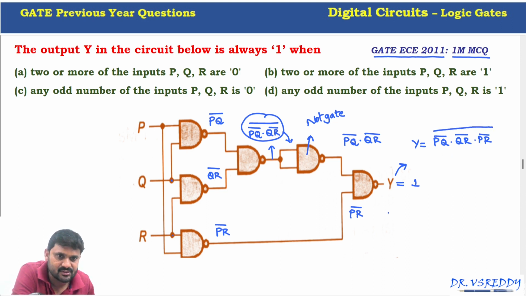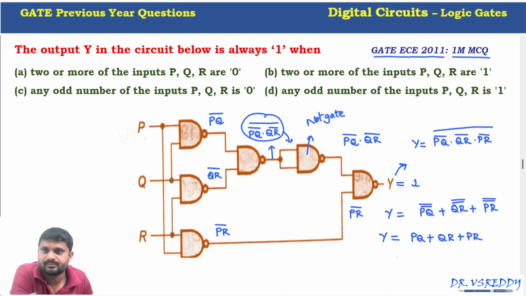So if you use De Morgan's law, we can write PQ whole bar plus QR bar and another complement, and PR complement and complement. So we can write Y is equal to PQ plus QR plus PR. Then Y is equal to 1.